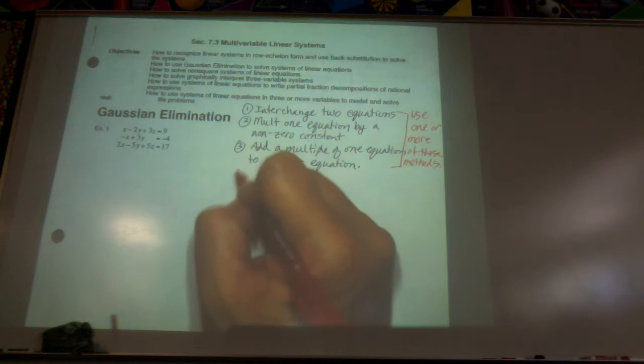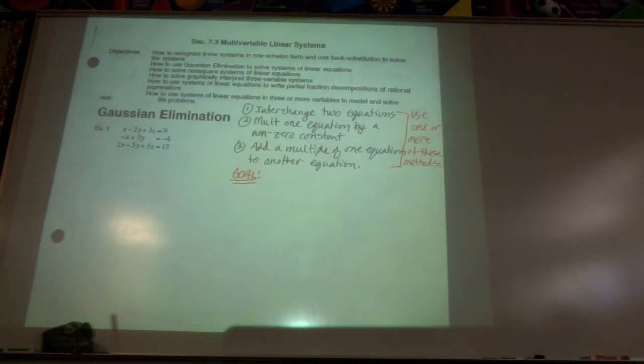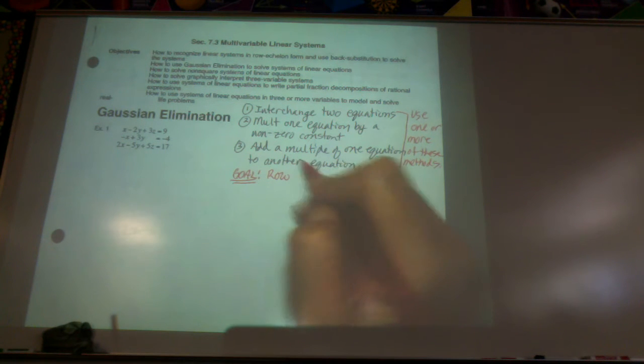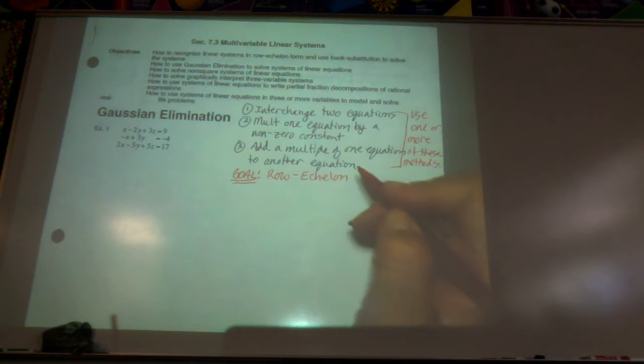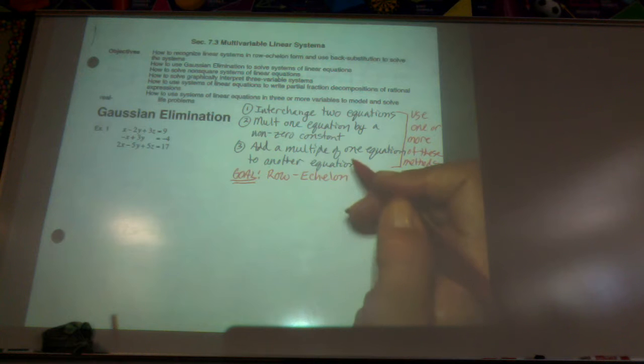Your goal is row echelon form. And I'm sure, have you heard of that? Nope. That's easy. Don't just write it like XYZ. Sort of. I'm not sure what you mean by that, but maybe.